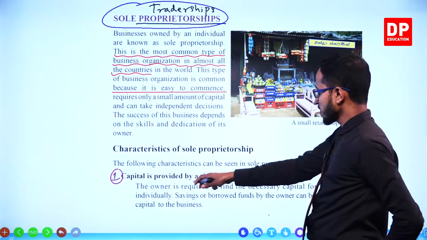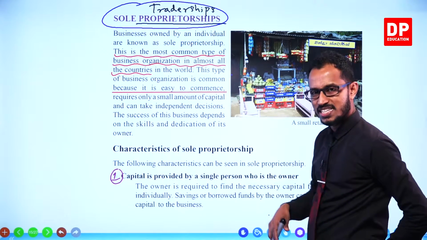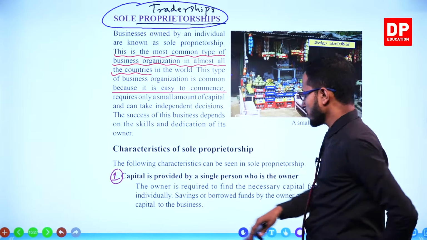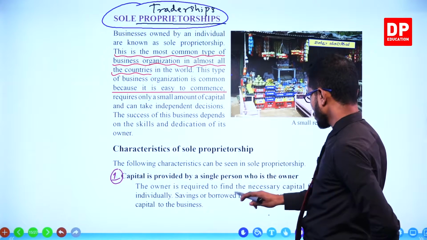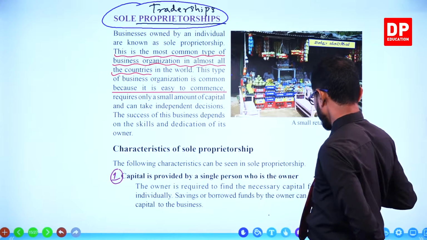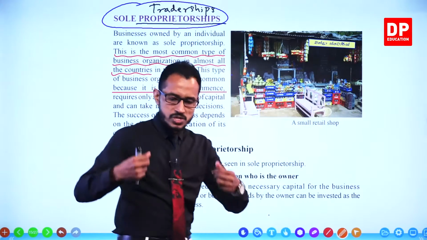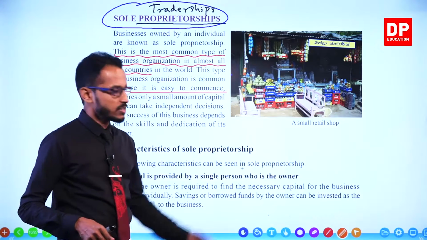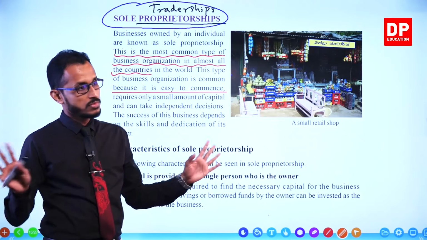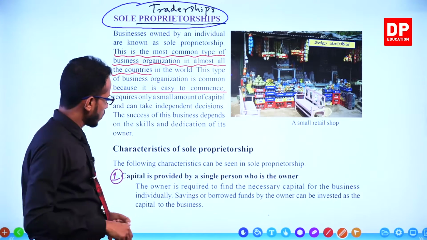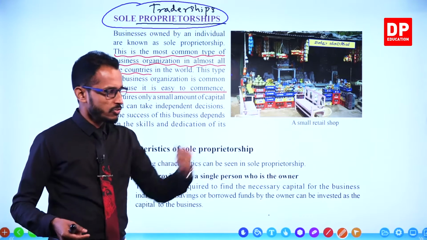He is the owner. The owner is required to find the necessary capital for the business individually. Savings or borrowed money can be invested as the capital. He can use his savings, go to his bank and withdraw money from his account. That is his money. No need to ask anybody. If he doesn't have money, he can borrow from somebody.